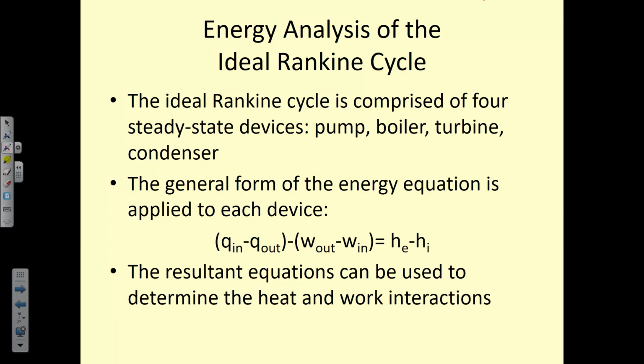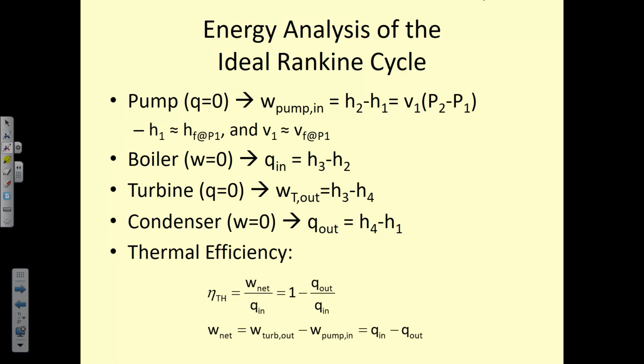So the general form of the energy equation will be applied to each one of these steady flow devices. Q in minus Q out plus work in minus work out, or flip the signs, is equal to the enthalpy of the exit minus the enthalpy at the inlet. And so this equation can be used to determine any heat and work interactions in each of these steady flow devices.